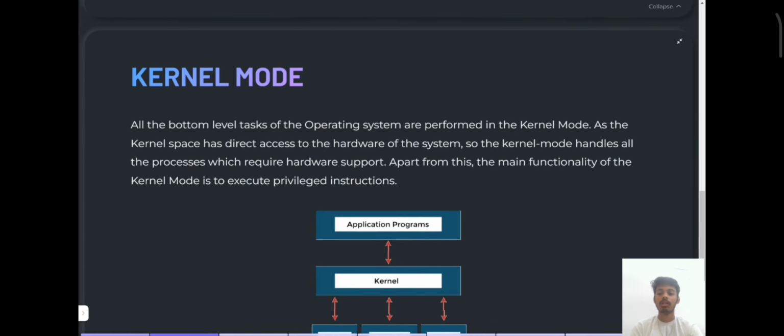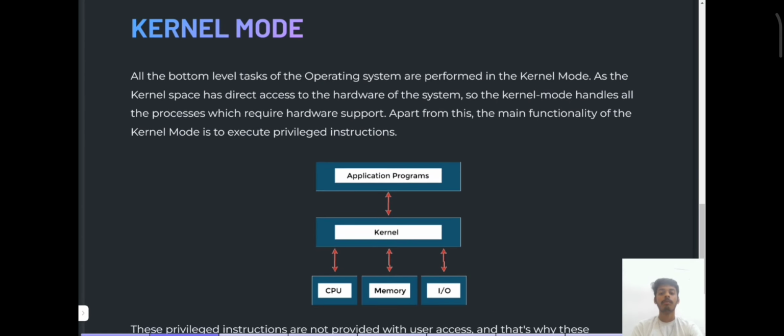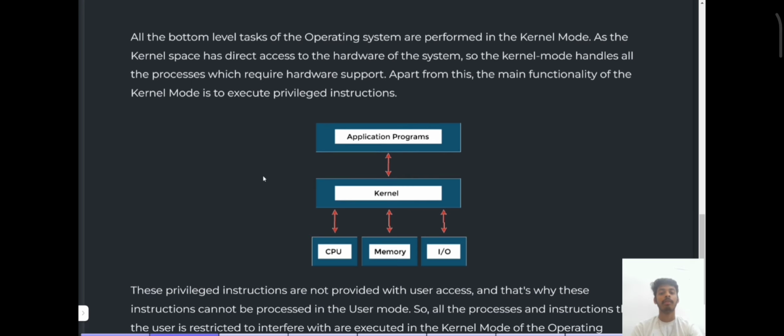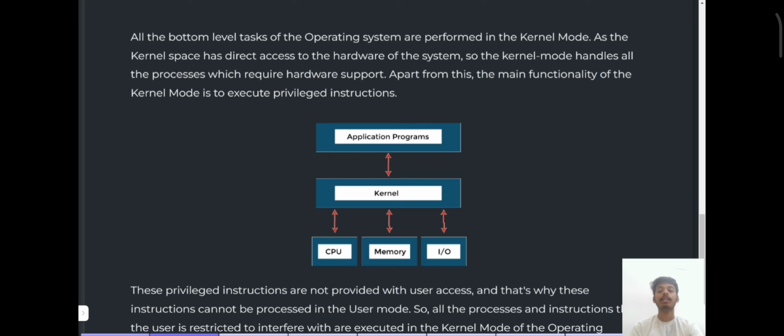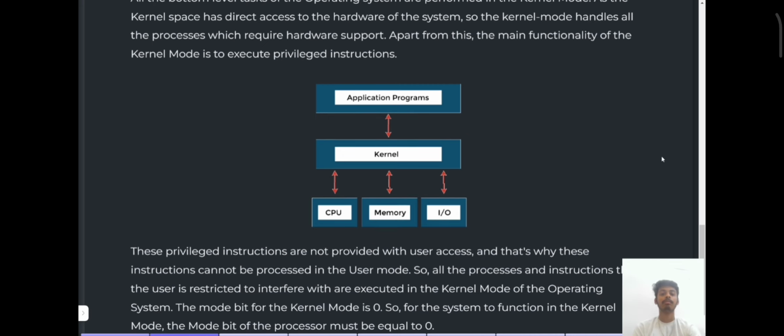Kernel mode. All the bottom level tasks of OS, I mean the operating system, are performed in kernel mode. As the kernel space has direct access to hardware of the system, the kernel mode handles all the processes which require hardware support. Apart from this, the main functionality of kernel mode is to execute privileged instructions.